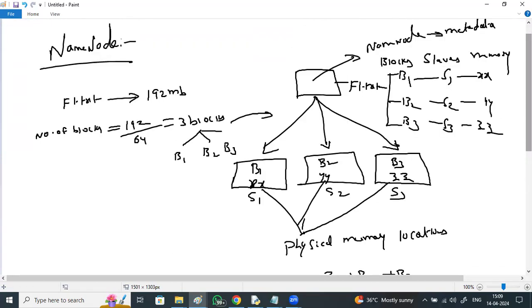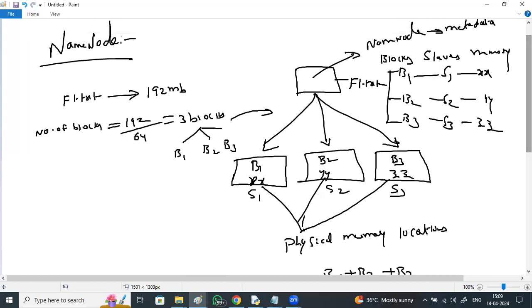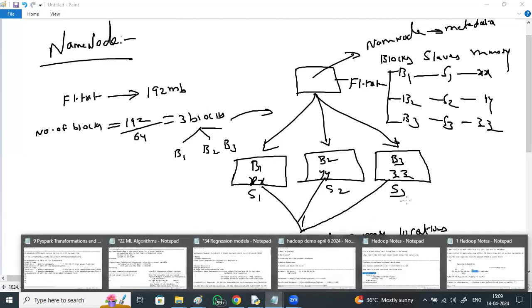Now based on this, try to tell the name node responsibilities, one by one from the above diagram.